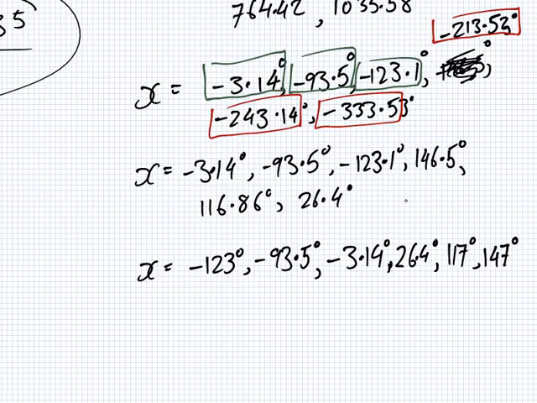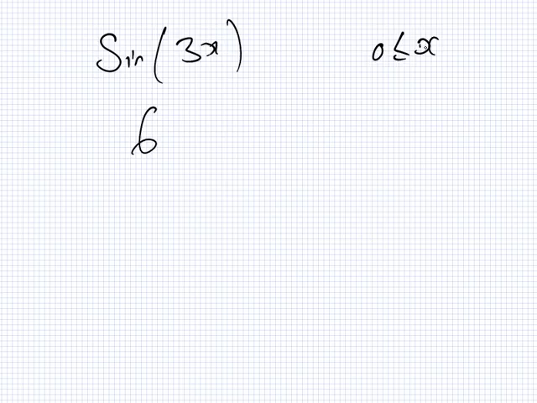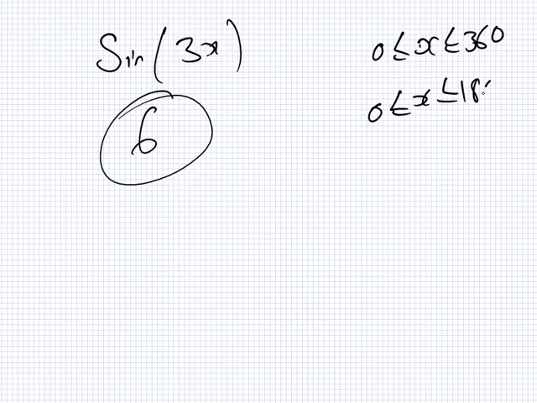So if it's from minus 360 to 360, we would have negative answers as well. Now, I should also say that roughly speaking, you look at the number here, and if it was a 3x, how many answers is that? 6. But it also depends on how big your domain is. So for example, if I go from 0 to 360, I should have 6 answers. But if I make this half the normal size, what do you think happens to my number of answers? It'd be 3 then.